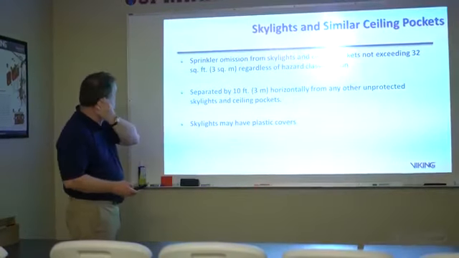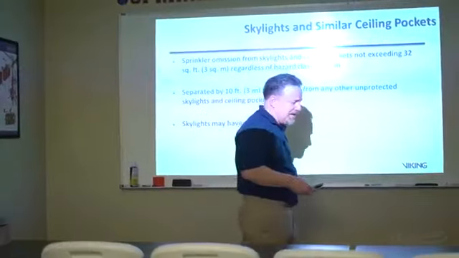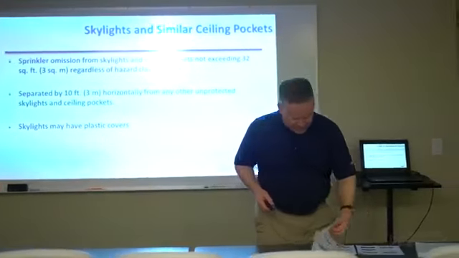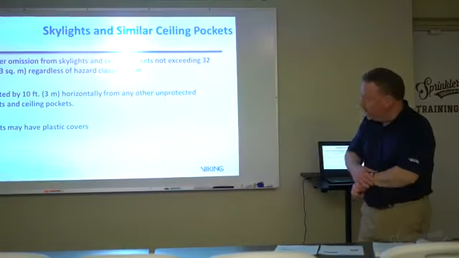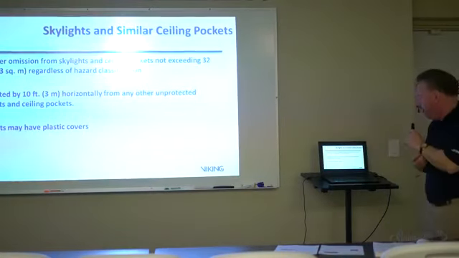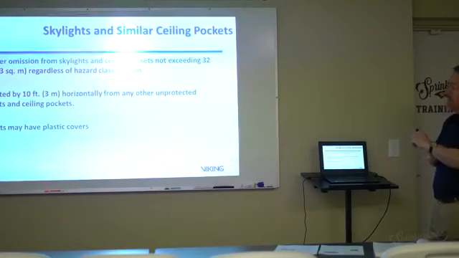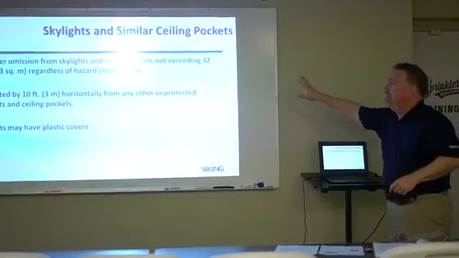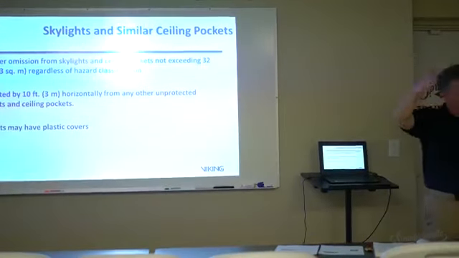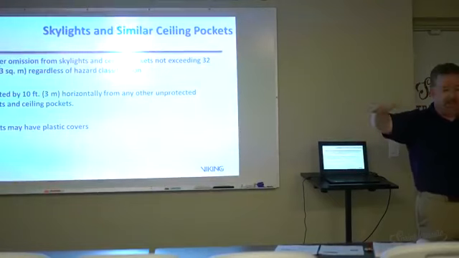All right, skylights and similar ceiling pockets. We'll wait on a larger conversation of this, mainly because we'll talk about it when we talk about standard spray sprinklers. But the deal here is that skylights behave like those sags in the insulation.